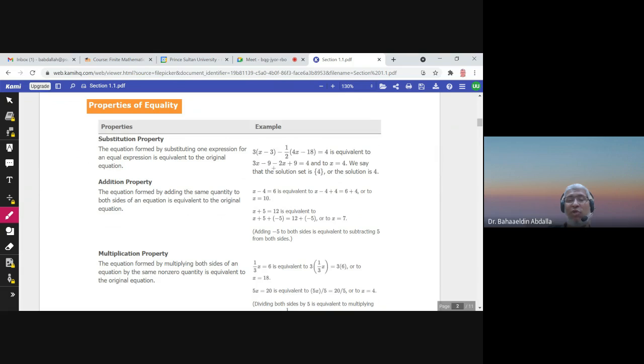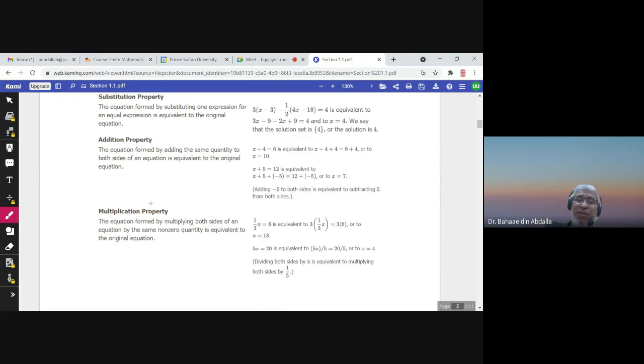Here we used the substitution property. Again, you can add like terms. So 3x minus 2x is x, and 9 cancels with negative 9, so x is 4. Writing x instead of the left-hand side is called the substitution property. So the solution of this equation is 4.